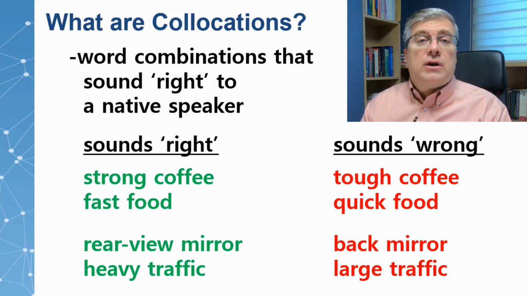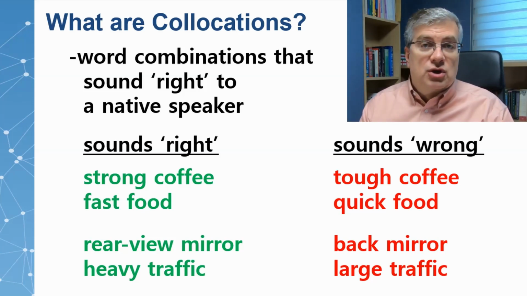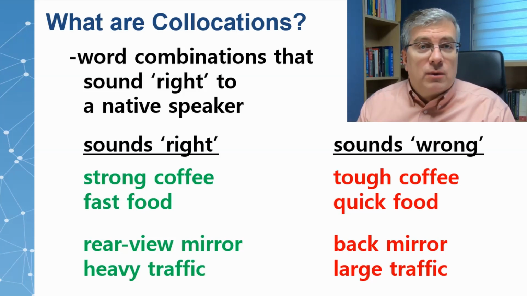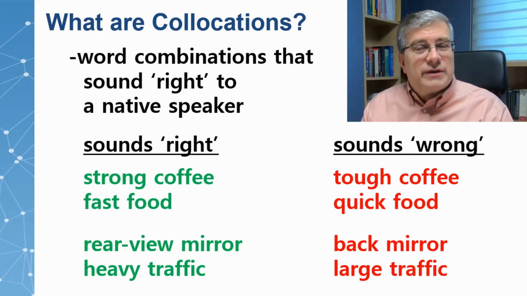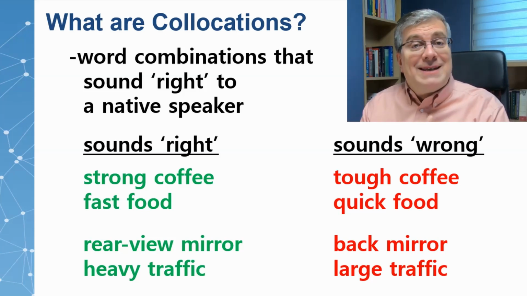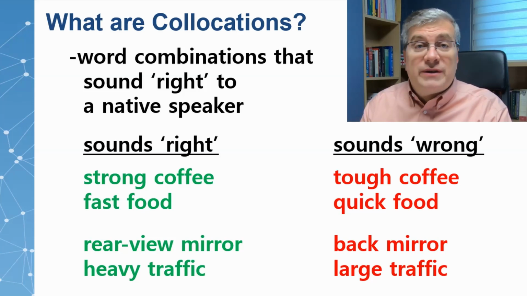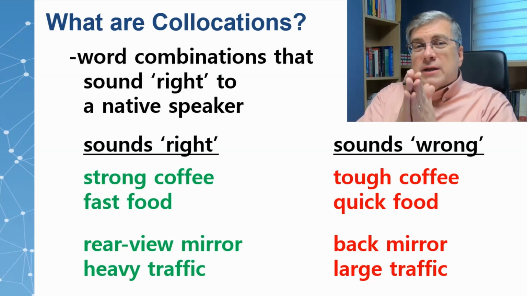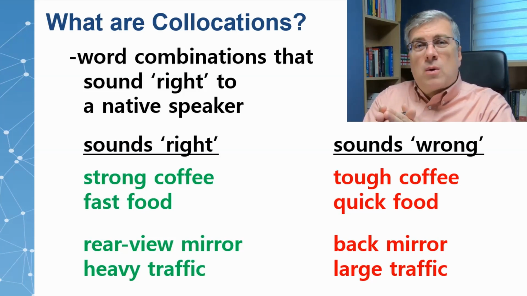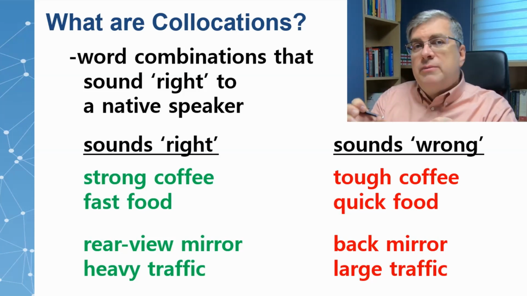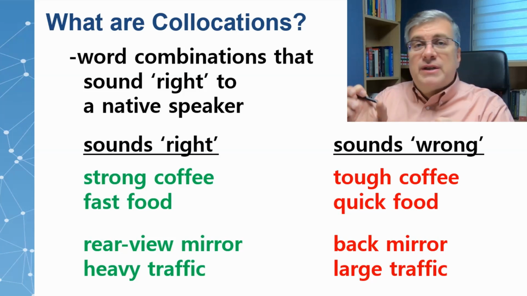And collocations occur in every language. When you grow up and you're exposed to your native language, of course you hear a lot of expressions, and there are certain ways to express certain ideas. And usually people in different cultures, different linguistic backgrounds will use certain set expressions, or they'll combine verbs and prepositions, or verbs and nouns, adjectives and nouns.